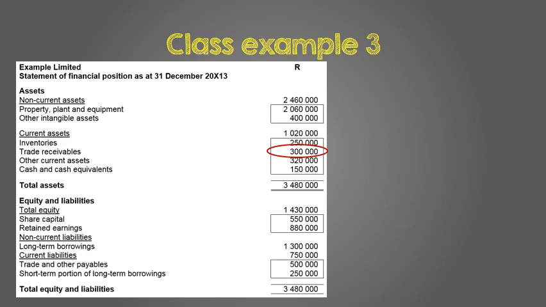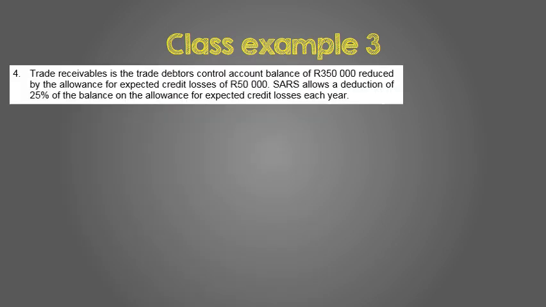In order to calculate the tax base for trade receivables, we have to first look at the additional information in point 4. In additional information note 4, we see that trade receivables is the trade debtors control account balance of 350,000 reduced by the allowance for expected credit losses of 50,000.